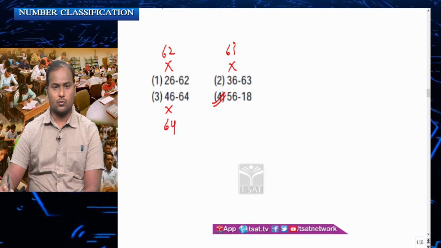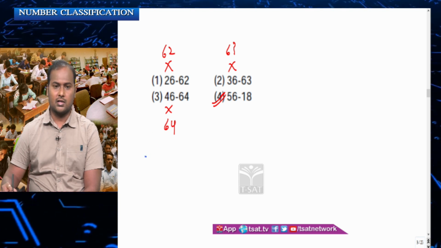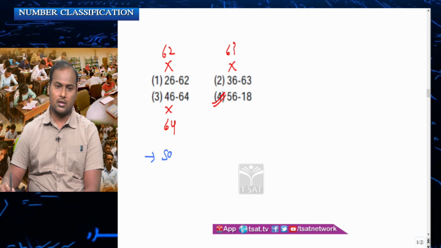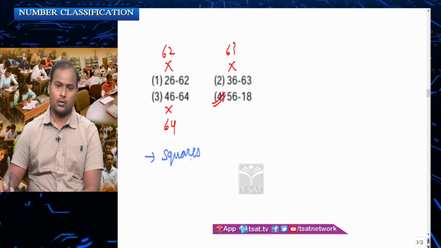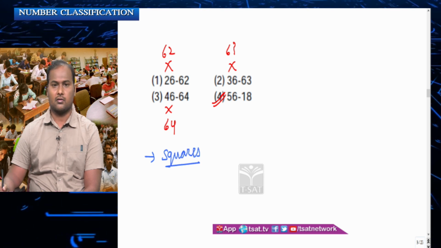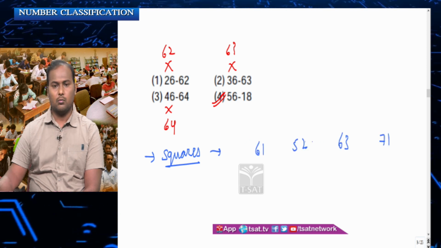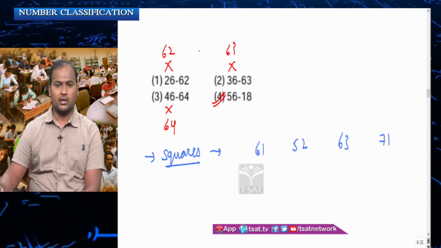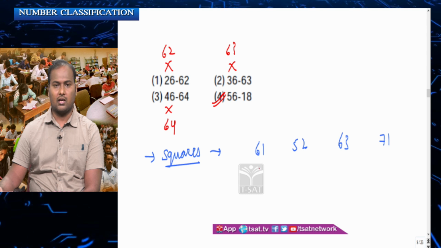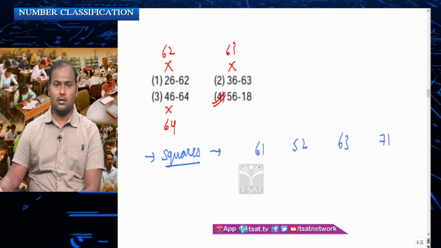See, sometimes what he will do, he will interchange the values of squares also. This is also very important to remember. He will interchange the values of squares. For example, let's see this one. The moment you see here, in this case we can clearly observe that these values are squares interchanged values.